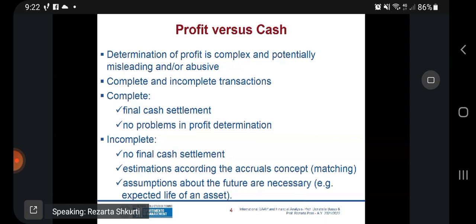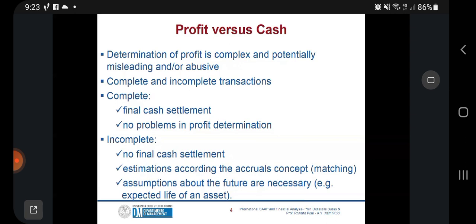You cannot lie about cash. Cash is either received or paid. You cannot change that. That is easily verifiable through bank transactions, cash income and cash outlays. You cannot lie about that. But regarding profit, of course, you can change that by a simple procedure like this that we are mentioning here.